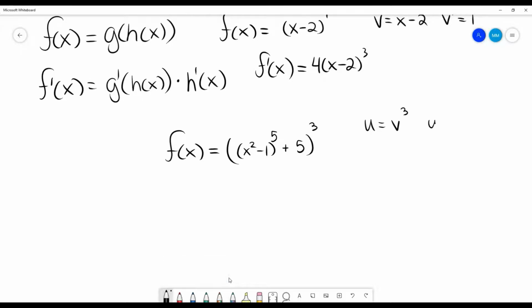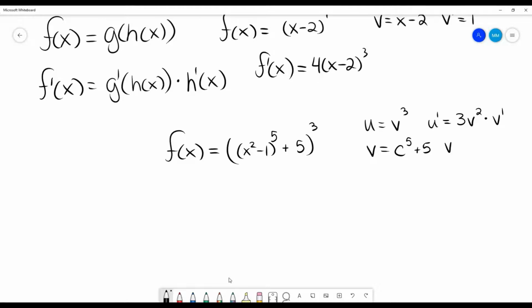We know that the derivative of u is going to be our power rule, and then times whatever the derivative of v is. Like we just said, v is all of this inside of here, but because I see there's more stuff in there, I'm going to use another variable. I'll say that v equals c to the 5th plus 5.